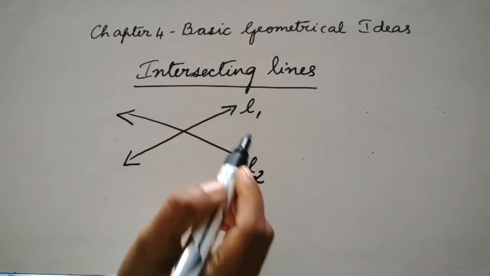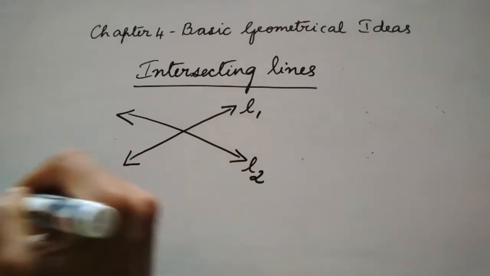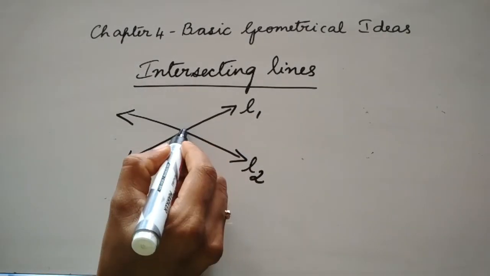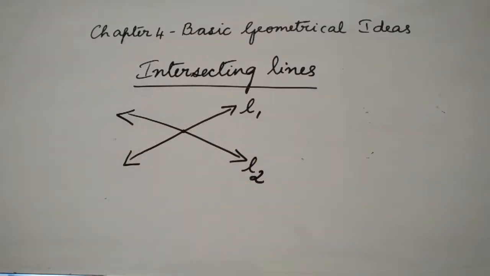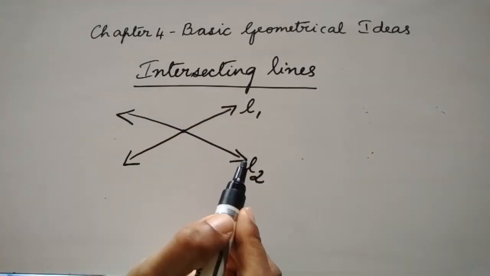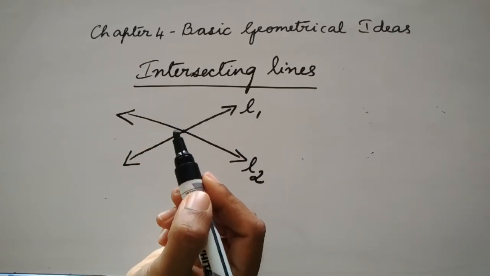These cross each other. When they cross each other, they will have one common point here. So, if two lines, that is L1 and L2, have one common point, they are called the intersecting lines.